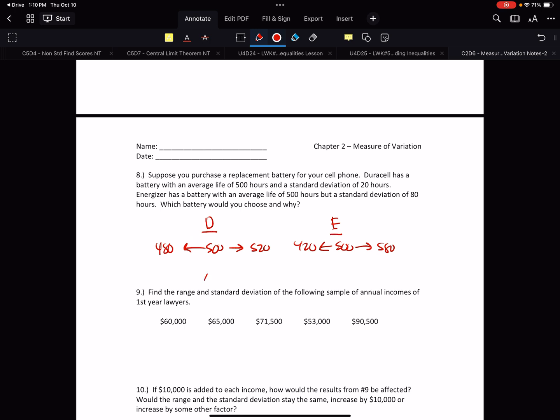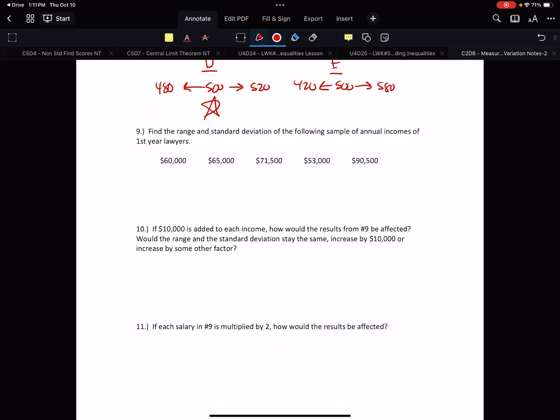So if you're asking me, I'm choosing Duracell. Duracell is more reliable in this situation. Duracell is less spread out. Energizer has a much wider setup here. Yeah, you could get lucky and your battery could last 580, but on the flip side, you could get unlucky and you get a battery that only lasts 420. So I would choose Duracell because of the less spread.